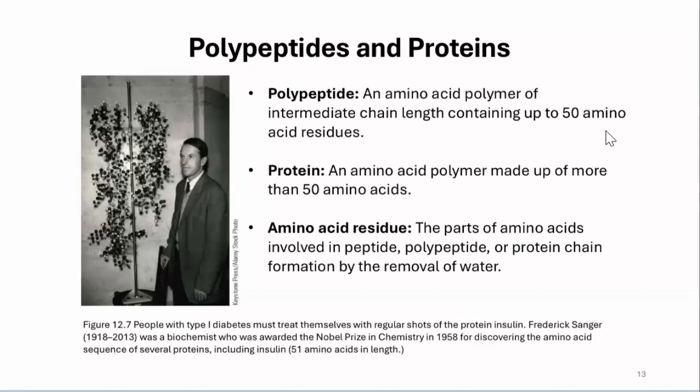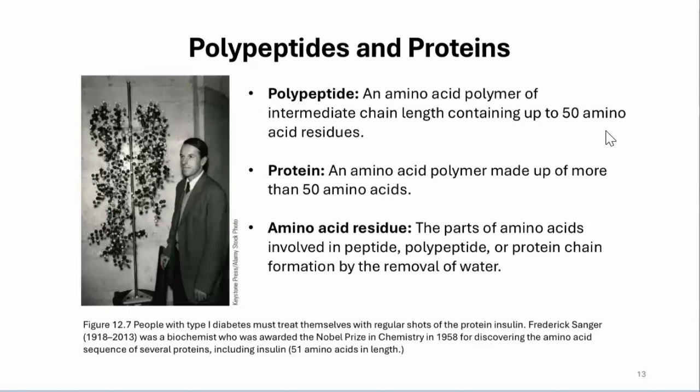In figure 12.7, you observed an image of Frederick Sanger. Frederick Sanger was a biochemist that was awarded the Nobel Prize in 1958. This scientist was awarded the Nobel Prize because he discovered the amino acid sequence for several proteins, but one of the main ones that people remember is the amino acid sequence for insulin.